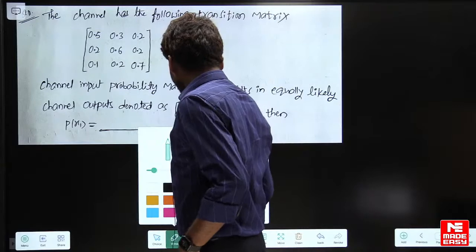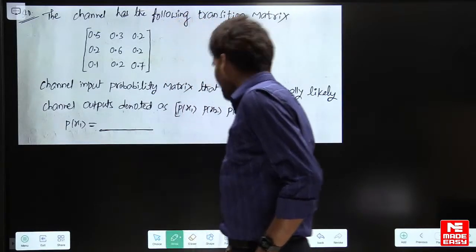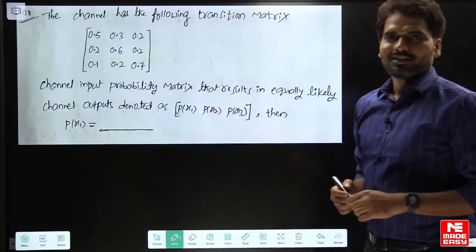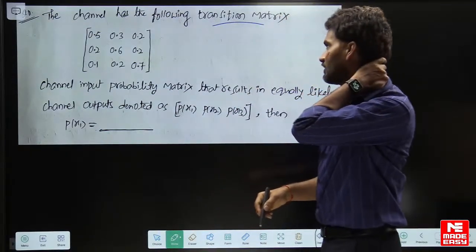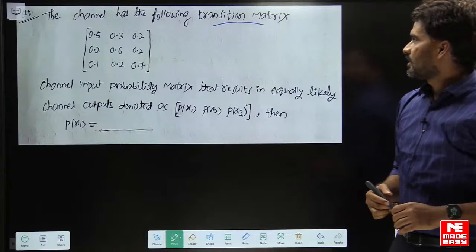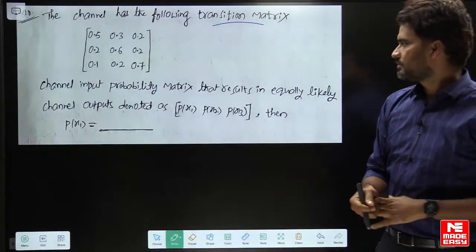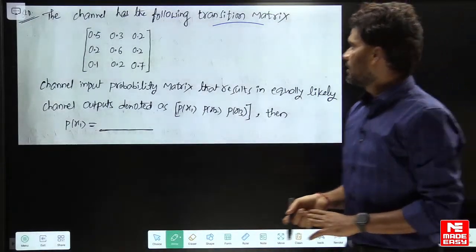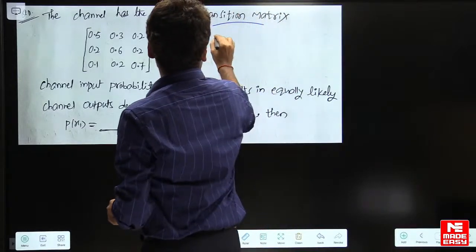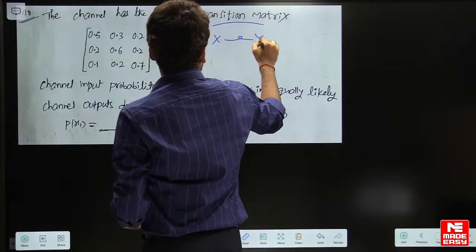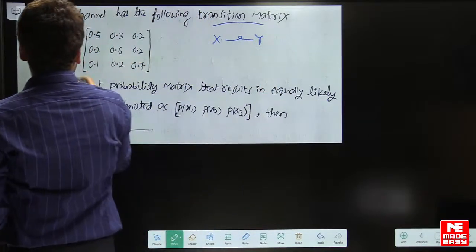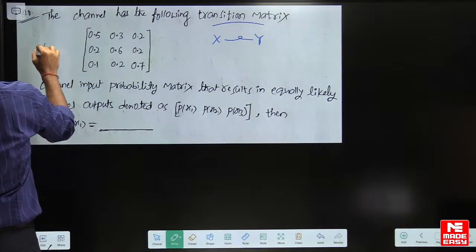Yes, let me read this for you. The channel has the following transition matrix. Transition matrix means this is the conditional probability matrix only. If the input is X, the output is Y here. So you can see this as the P(Y|X) matrix only.